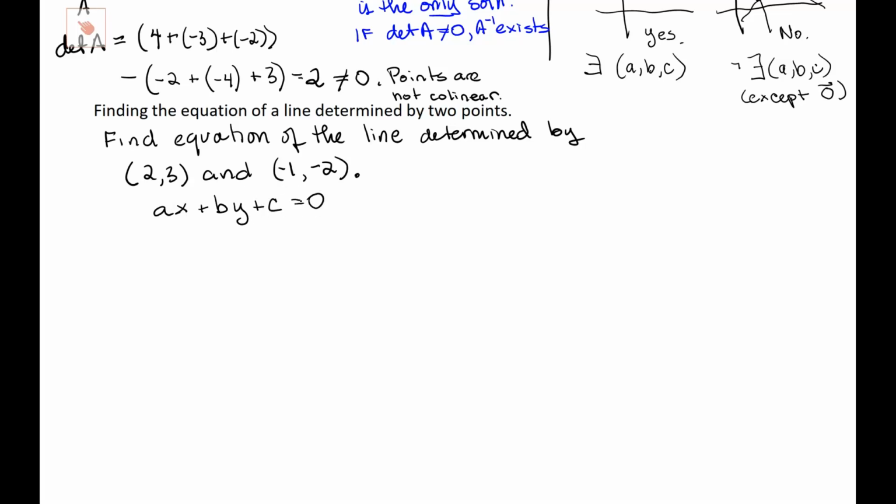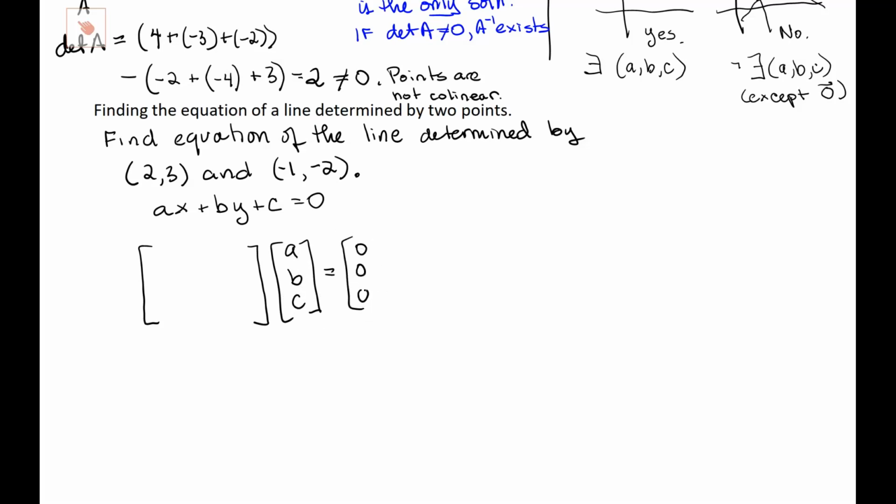All right, so we need those 3 values. And we want to get the actual equation for this line. So we can think about setting up, again, a linear system, just like we did with polynomial interpolation. This time our right-hand side is zeros. And we want to be able to plug in 2, 3, and -1, -2.